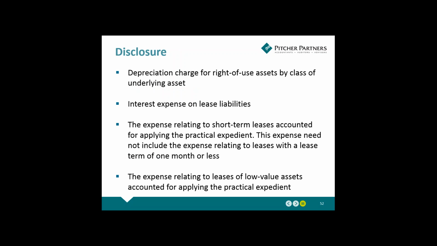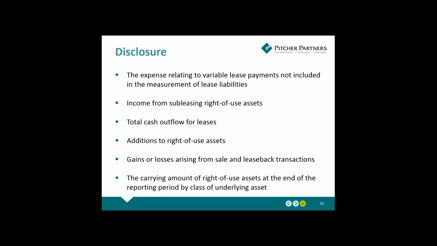The expense relating to leases of low value assets, again, because you've used the practical expedient, you have to disclose what the expense related to those low value assets is. If you look at disclosure, you have to disclose the expense relating to variable lease payments not included in the measurement of lease liabilities. And you have to disclose separately income from subleasing right of use assets.